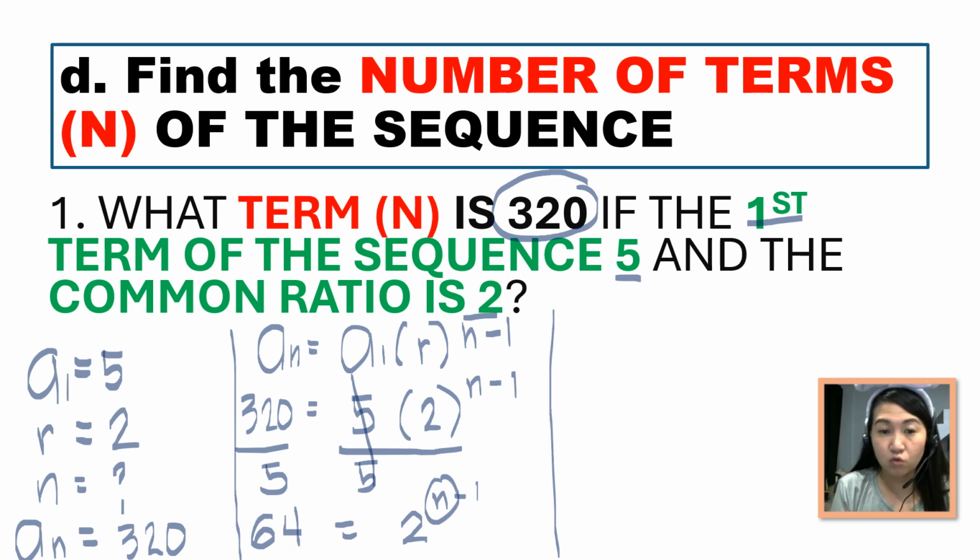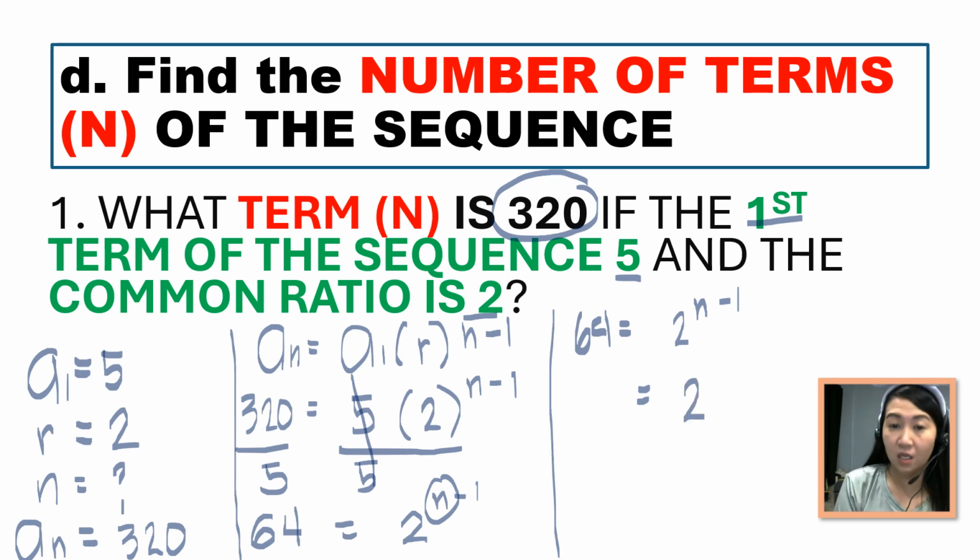Okay, so let's show the solution. I will just copy 64 is equal to 2 raised to n minus 1. Since 2 na yung nasa right side natin, wala na tayong magagawa, hindi natin masisimplify. So it's only 2 raised to n minus 1. Itong nasa left side na lang ang kailangan nating i-simplify.